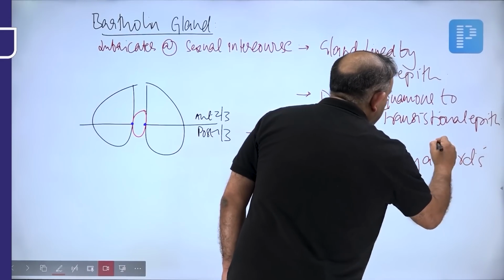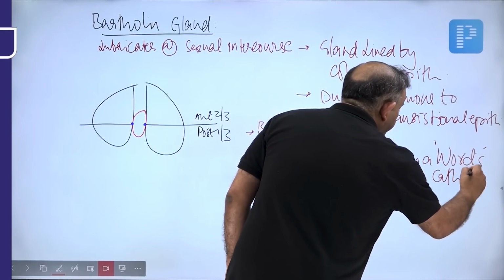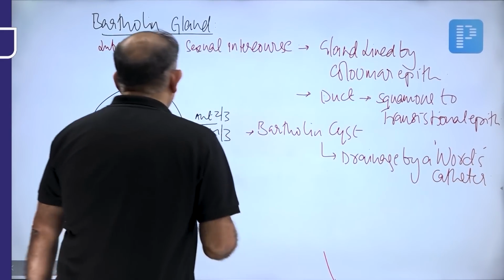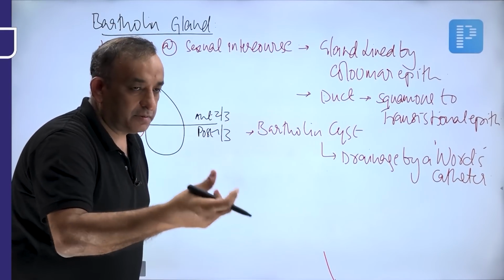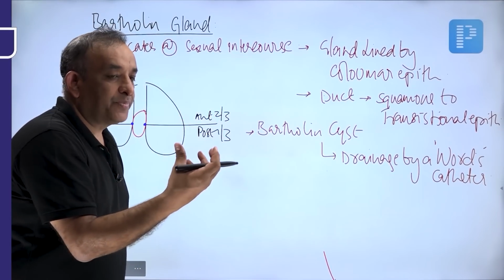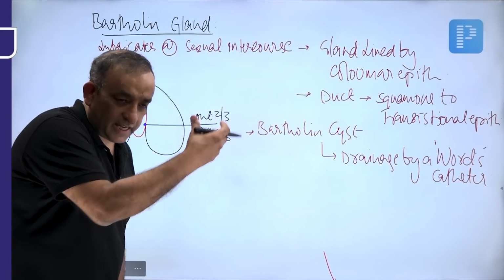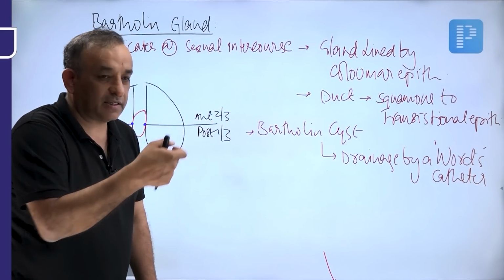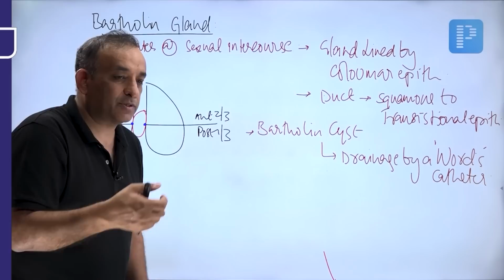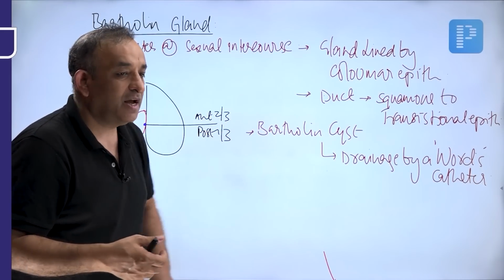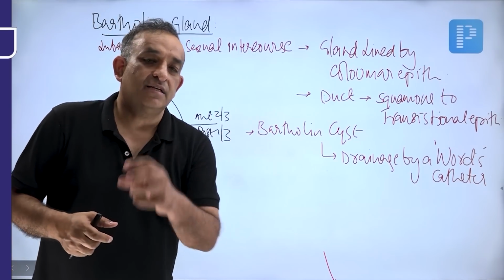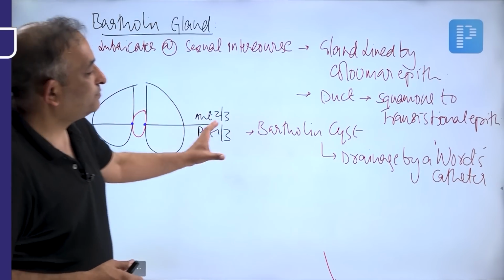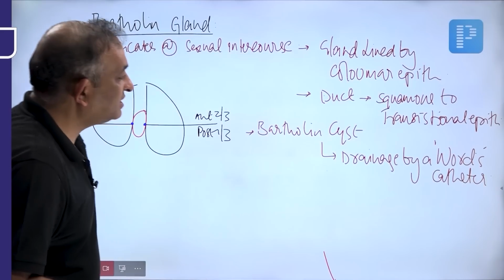You put that catheter into the cyst, and slowly this collection in the Bartholin cyst will keep draining off, and you can pull out the catheter every 2-3 days a little bit, so that the gland now collapses and there's a small sinus made finally when you remove the catheter, and then this gland dries up. So this Bartholin cyst is drained by a Word's catheter.